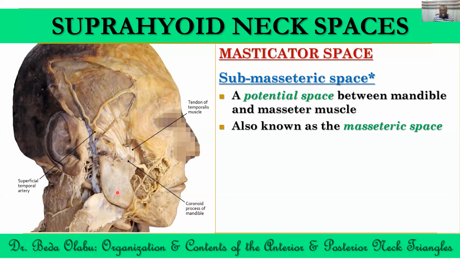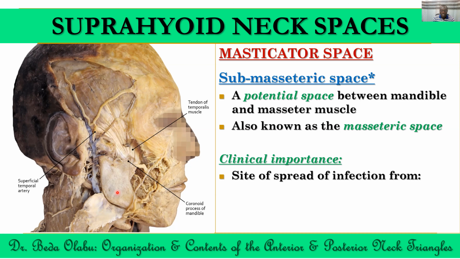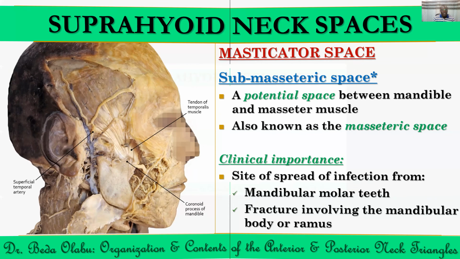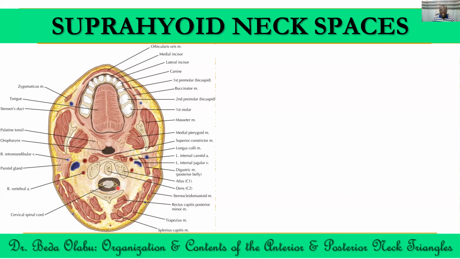We call the submasseteric space the masseteric space. It is important because it is a possible site of spread of infection that may come from either the mandibular molar teeth, or if you have a fracture of the mandible, infections from that fracture may also go into this particular space. Right, so that summarizes the masticator space.